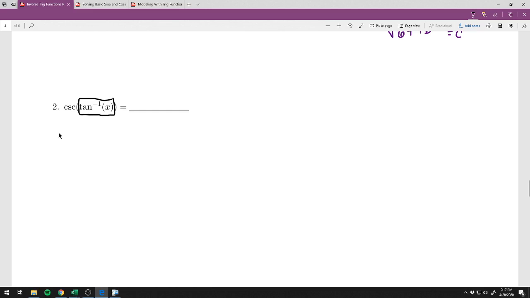And we want to draw a right triangle with tangent of theta equals x. And like I mentioned, I'm going to think about it as being x over 1. So we got our angle theta here. Tangent is opposite over adjacent, just like before. So our opposite side is going to be x, and our adjacent side is going to be 1.